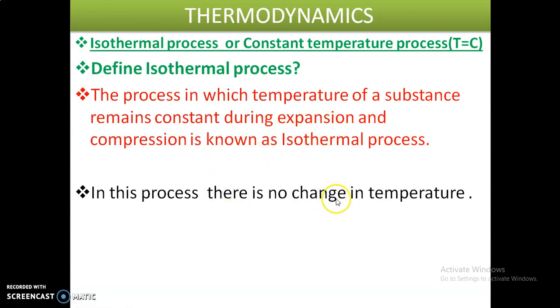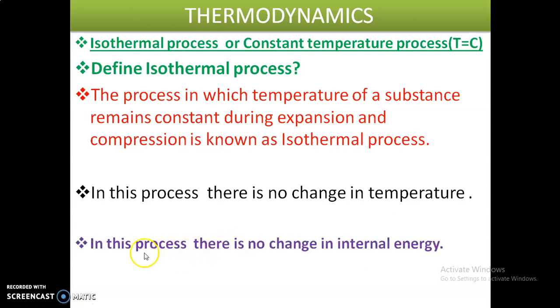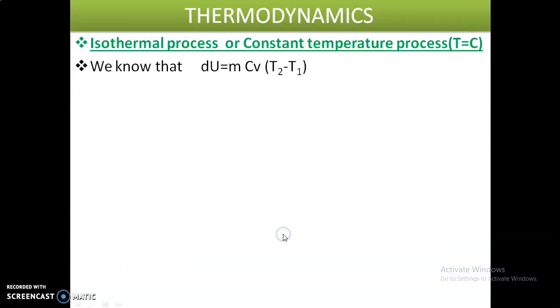In the isothermal process there is no change in temperature, so the change in internal energy is also zero. That means dU is equal to U2 minus U1, which is equal to 0. We have already derived the internal energy formula: dU is equal to m cv (T2 minus T1).